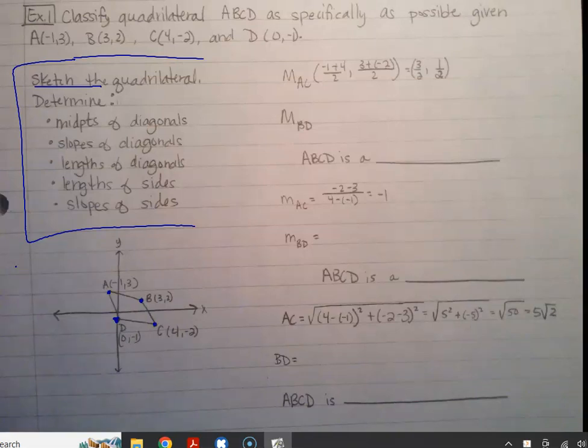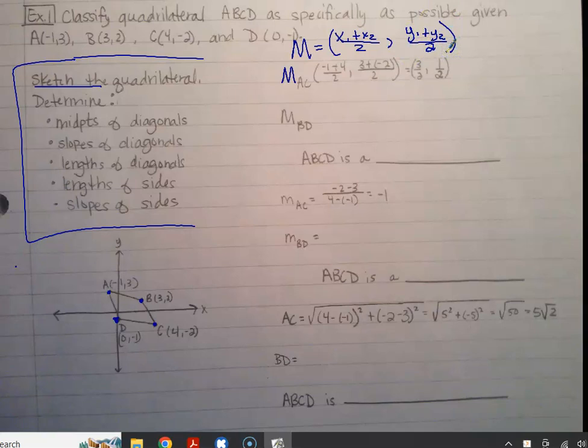I started us off. The capital M stands for the midpoint of AC. Let's look at that formula. If we want to find the midpoint, it is the sum of your x's divided by 2, which is your new x value, and the sum of your y's divided by 2, which is the new y value.